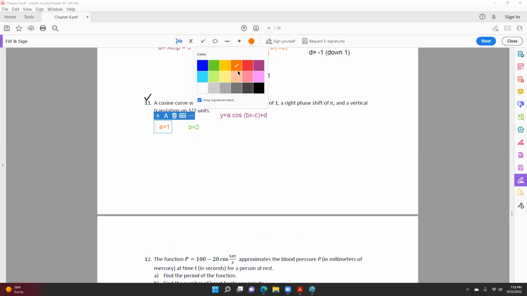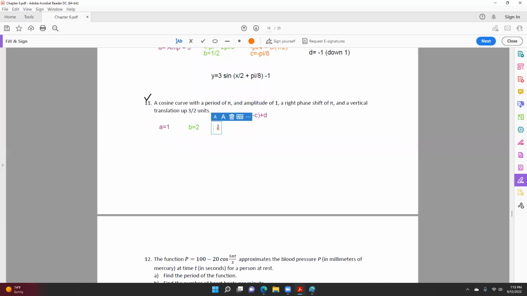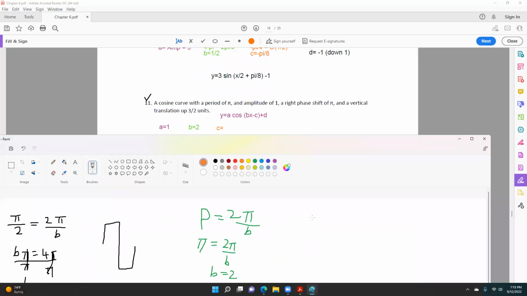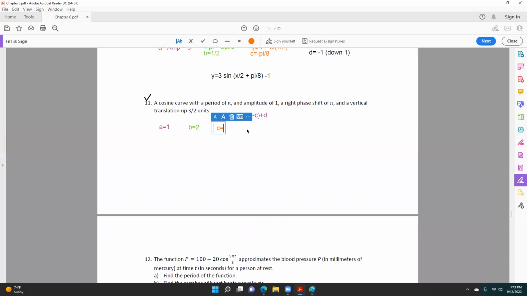Next is your C. Anyone know how to get C in this case? Is C pi over 2? And how do you get pi over 2 in this case?